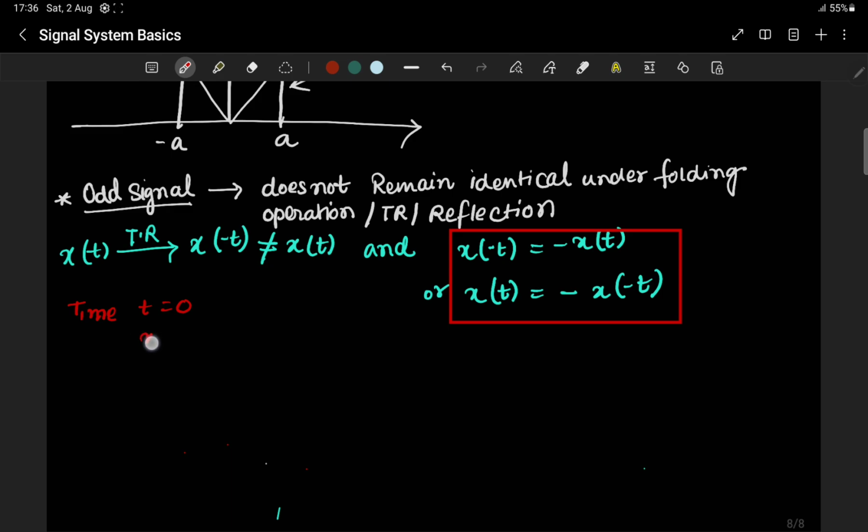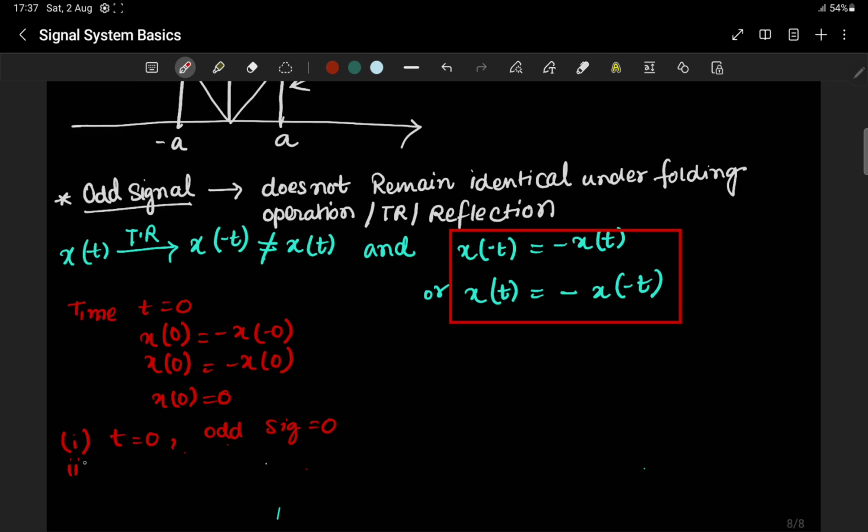So we can write the property here: x(0) is going to be minus of x(-0), so x(0) is going to be minus of x(0). Finally you can conclude that at time t = 0 the signal is going to be 0. Simple and sorted. This is one of the most important properties, and you can write it in simple words as well: when t is equal to 0, the odd signal is going to be 0.